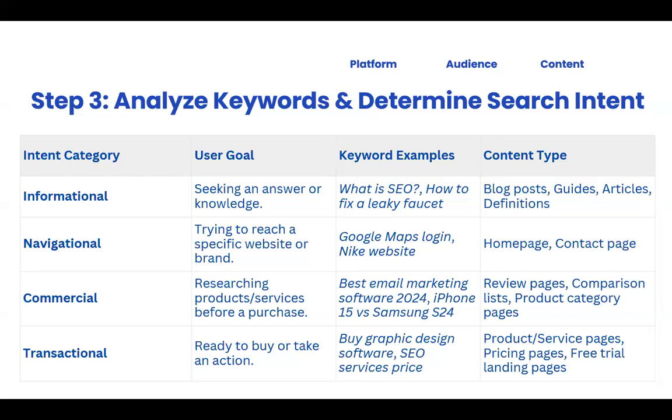We call them informational content. Most times this exists at the awareness and the consideration level of your funnel. Do you get it now? So the content type can be blog posts, guides, articles, definitions.